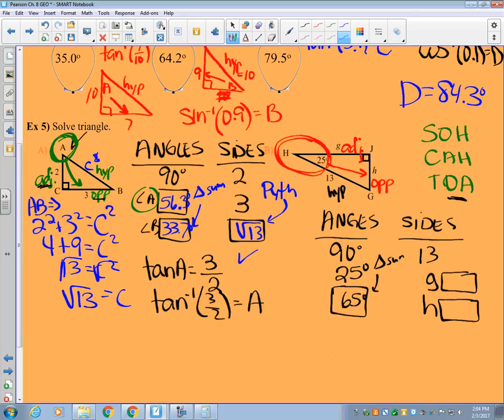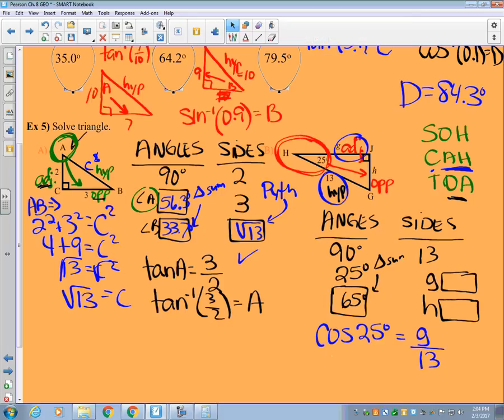Okay, so I'm going to go ahead and solve for G. I have the hypotenuse and I have the adjacent side. Adjacent and hypotenuse, that's cosine. C is for cosine. So the cosine of my angle, 25, is equal to the adjacent side, which is G, over the hypotenuse, which is 13. In order to cross multiply, I put my cosine of 25 degrees over 1, and then I cross multiply.